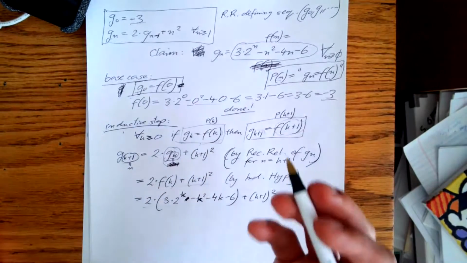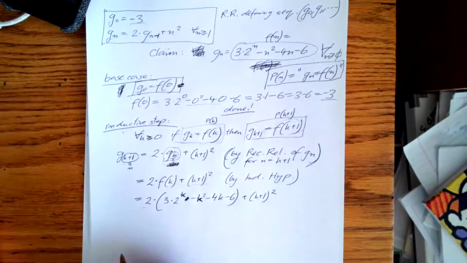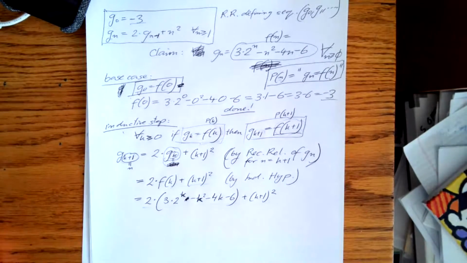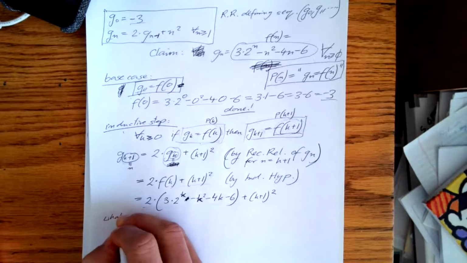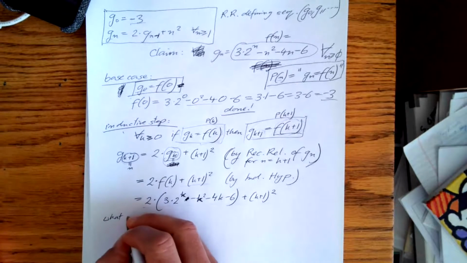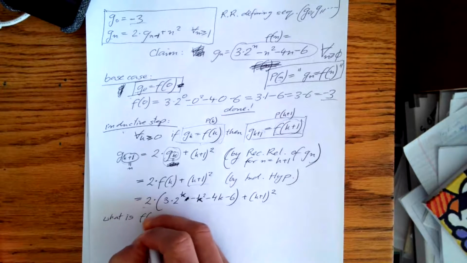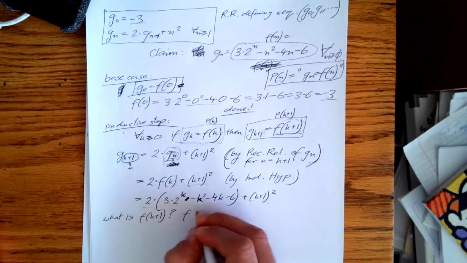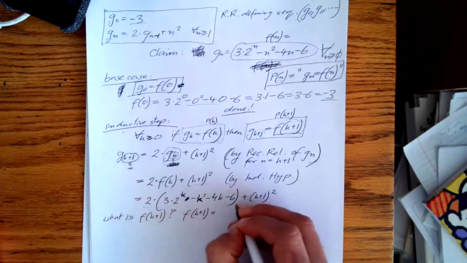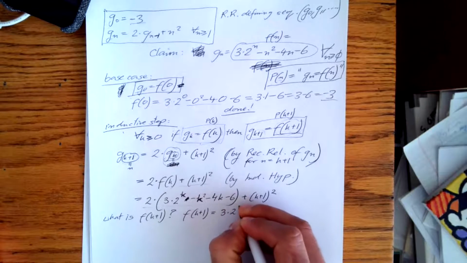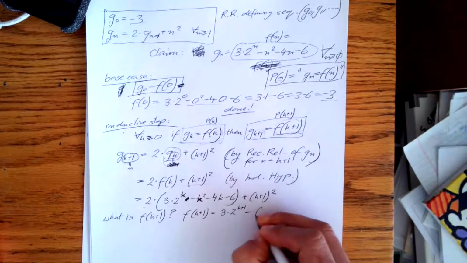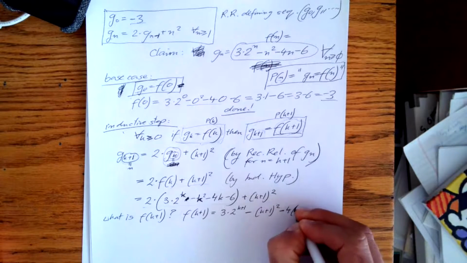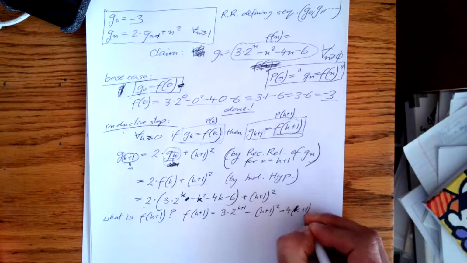Okay, but that is now an interruption in the proof. But what is fk plus 1? Fk plus 1 is 3 to the k plus 1 minus k plus 1 squared minus 4 times k plus 1 minus 6.